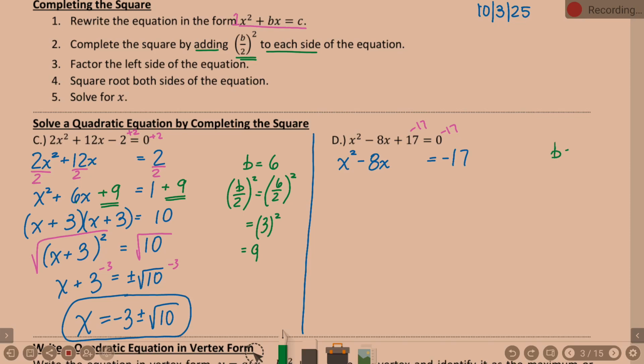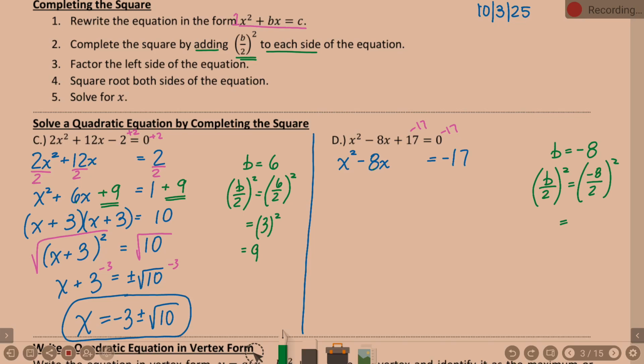So starting with, bless you, what is b? b is negative 8. So I need to find b divided by 2 squared. So I need to find negative 8 divided by 2 squared.